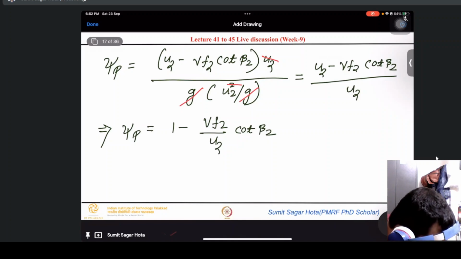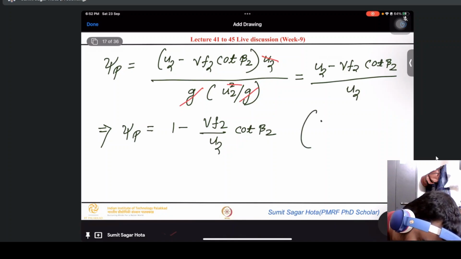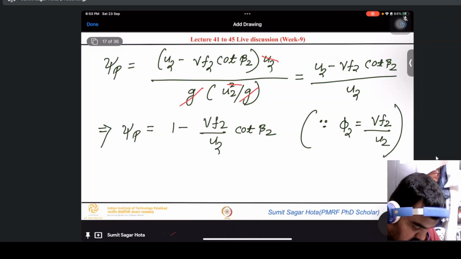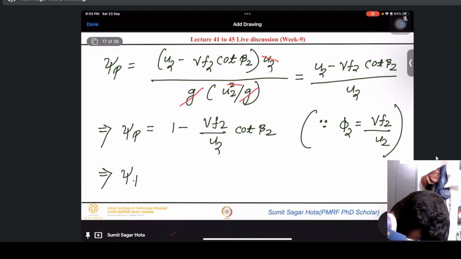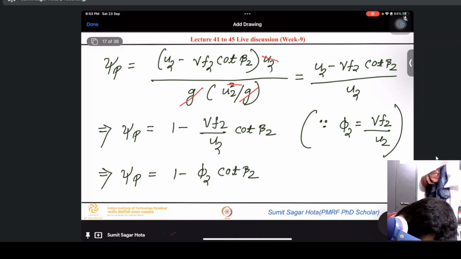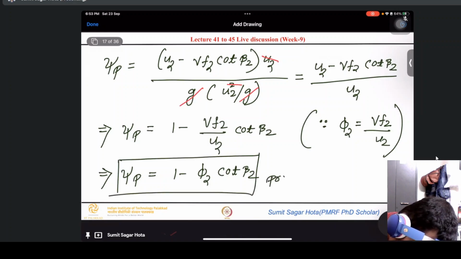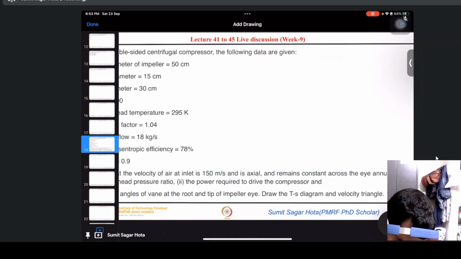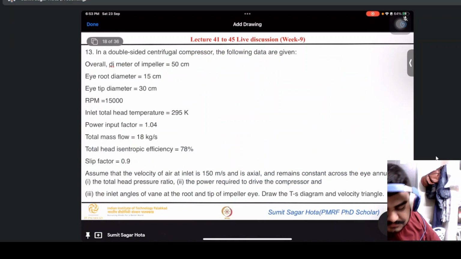It's your phi 2, the flow coefficient. Hence proved. Next question.